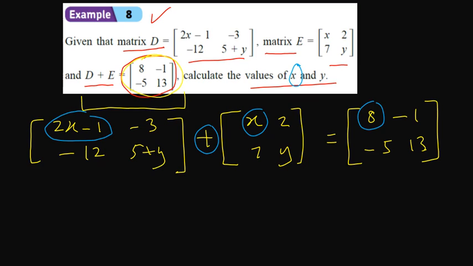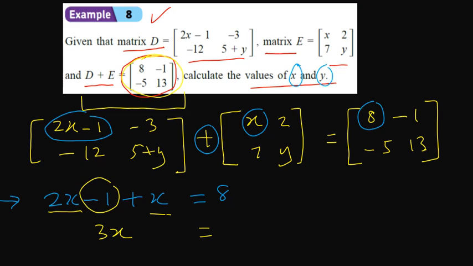Here you are asked to find your x and y. So you just write the equation. It will become an algebraic equation. 2x minus 1 plus x becomes 8. So you just solve this linear equation. 3x equals 8 plus 1, which is 9. So x will be 3.